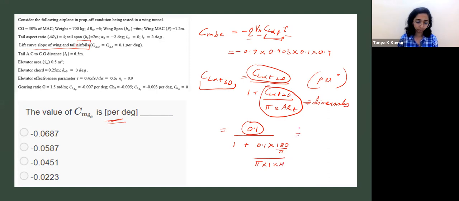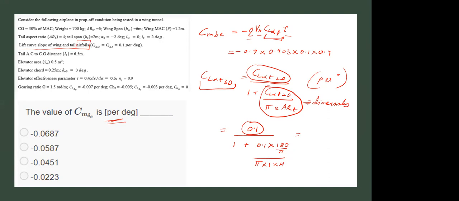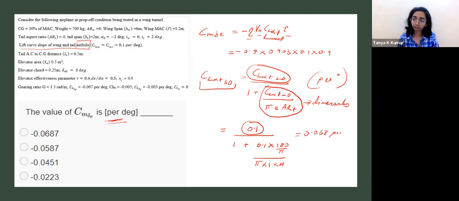So what is this value? 0.068 per degree. Okay. So this is the value that you need to plug in here. So it is not 0.1, it is 0.068. So how much is Cm delta E?